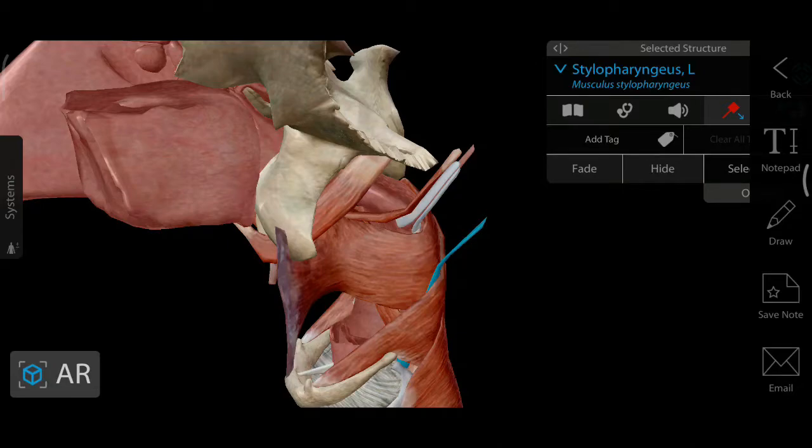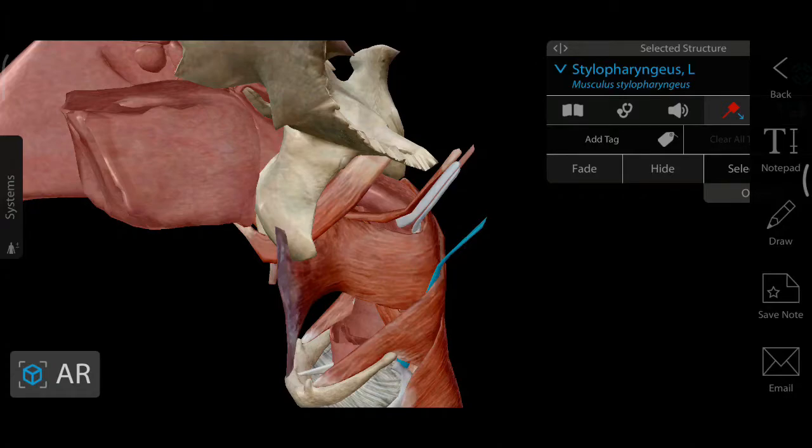We have three longitudinal muscles: the stylopharyngeus, palatopharyngeus, and salpingopharyngeus. Among these three, the stylopharyngeus will be present between the superior constrictor and the middle constrictor, but the rest two are present behind the superior constrictor.